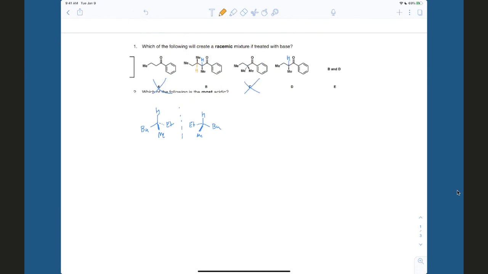We see a lot of no's. So will we be able to racemize, which means make a mixture, the orange hydrogen, or will it stay the exact same stereochemistry? Yeah, it's not alpha to the carbonyl, so it's going to stay the same. So that means if we had B react with base, we would end up making a mixture of these two compounds.